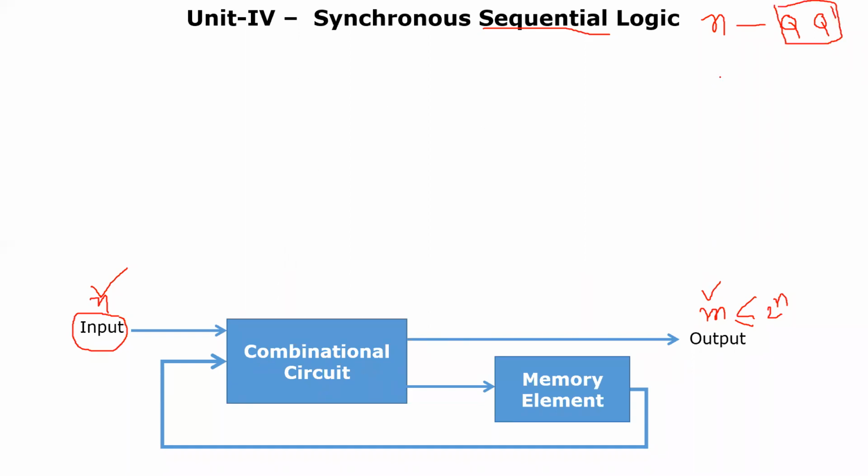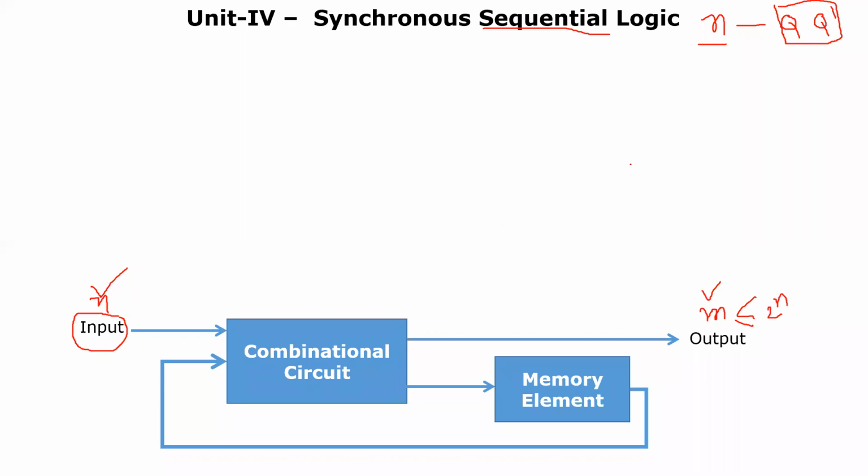N number of inputs might be there, probably 2 inputs, probably 3 inputs, probably 1 input, but you have the output as Q in its original form, and another output as Q complement. However, we would like to consider only one output. Of course, it must be available in its original form and its complementary form. So this is the second difference between combination logic and sequential logic.